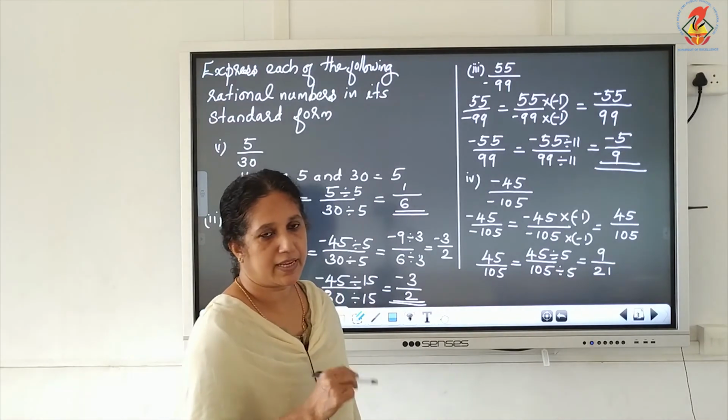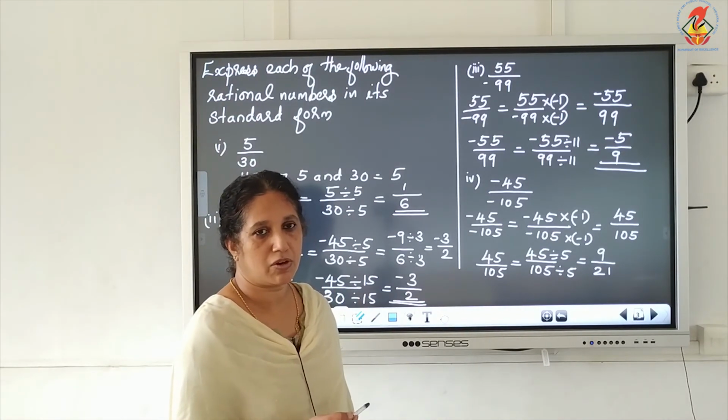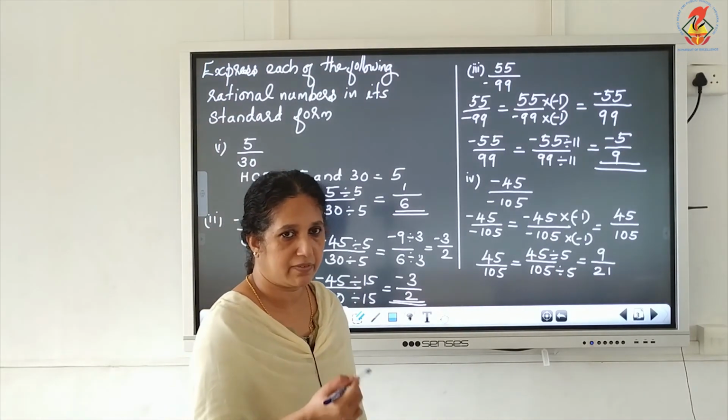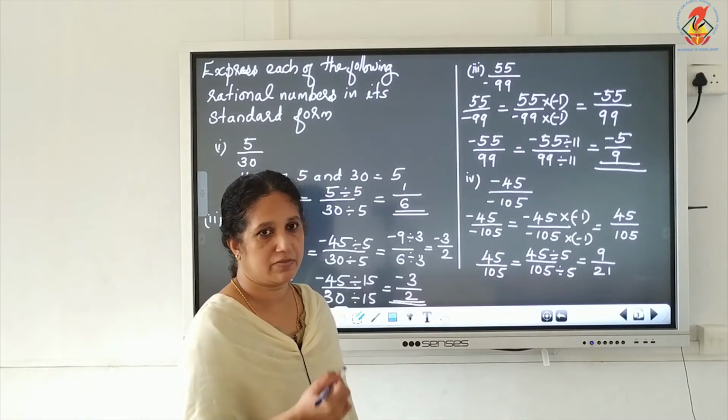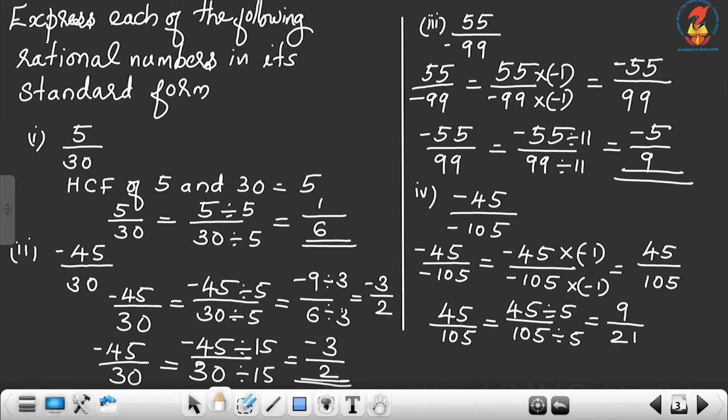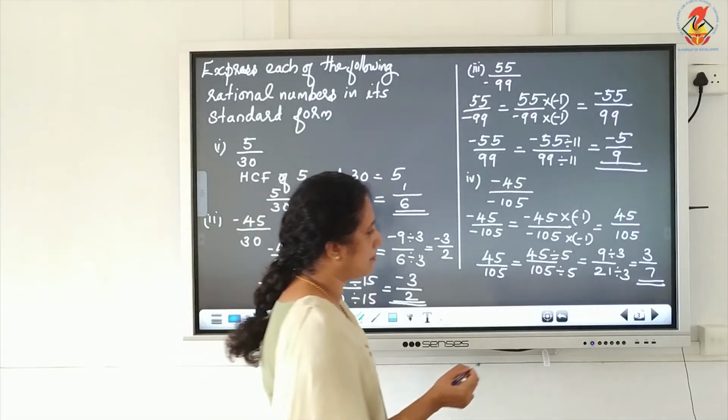Now, look at whether 9 by 21 is in the reduced form or the lowest form. No. Again, we have a common factor for 9 and 21. Which one? 3. Therefore, we can divide both numerator and denominator by 3. So, 3 by 7. Therefore, the standard form of negative 45 by negative 105 is 3 by 7.